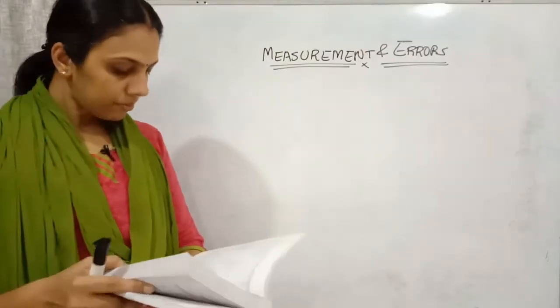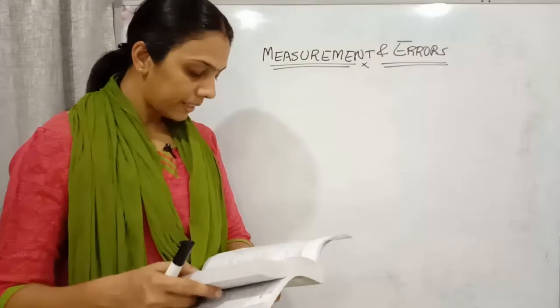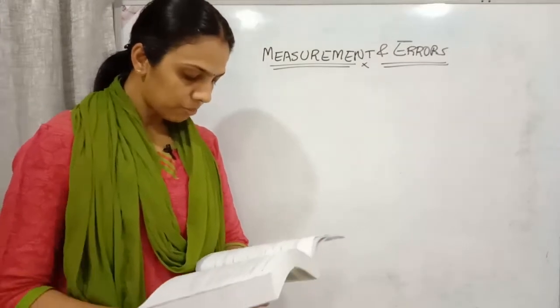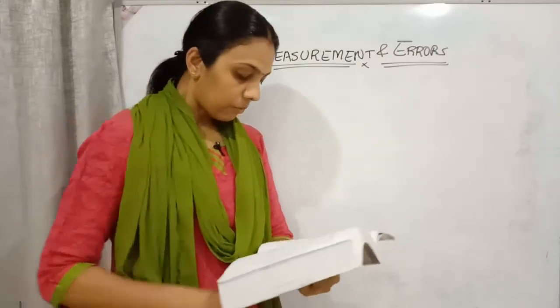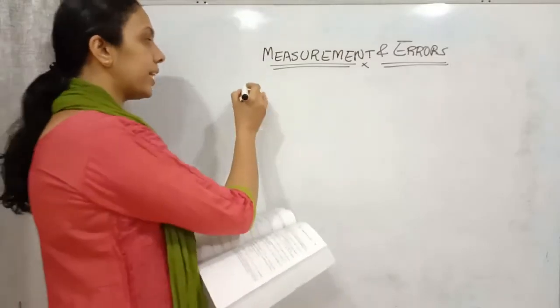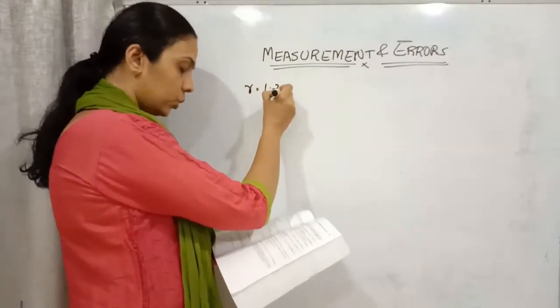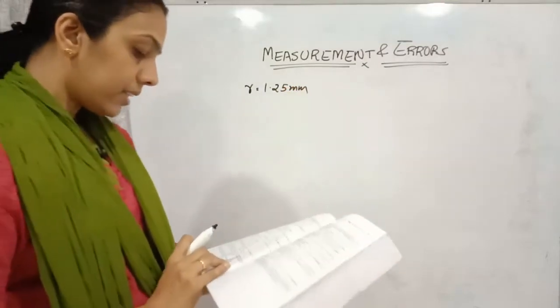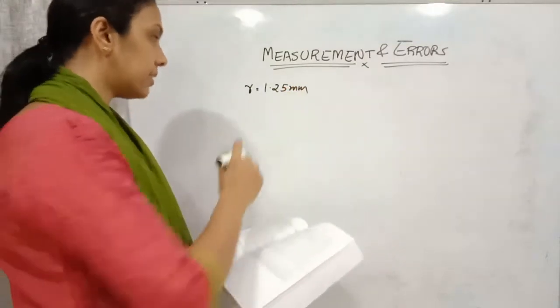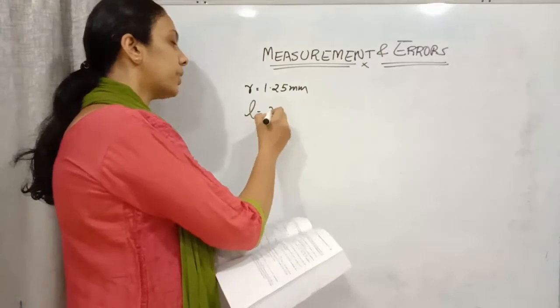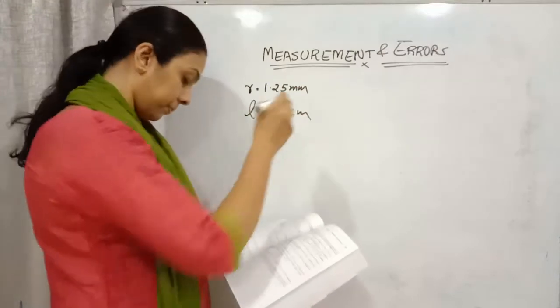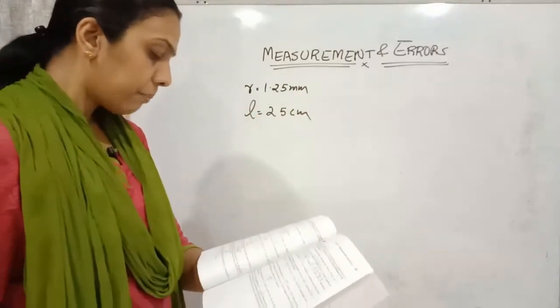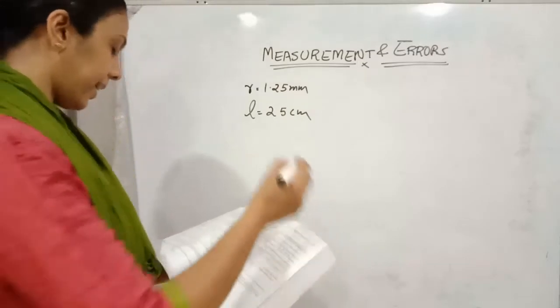The radius of a cylindrical wire measured by a screw gauge is 1.25 millimeter. The length of the wire is 25 centimeter, and the mass of the wire is 12 gram.